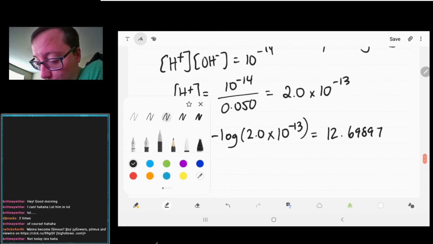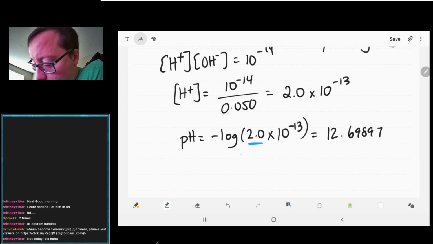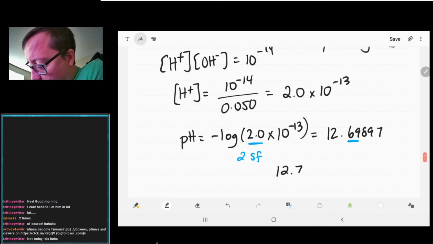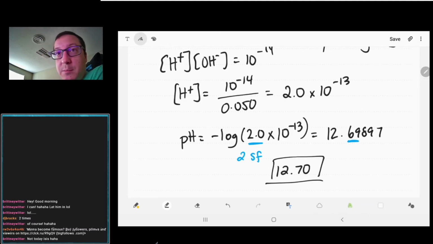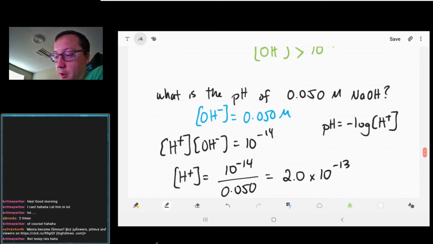We need 2 sig figs, right? So we're going to make those 2 our significant ones. So we have 12.70 would be our pH, and that would have our 2 sig figs associated with it. And we can see this pH is above 7, right? That tells us this is basic. Of course, we probably already knew that because we have a solution of a base, right? So not too bad there.